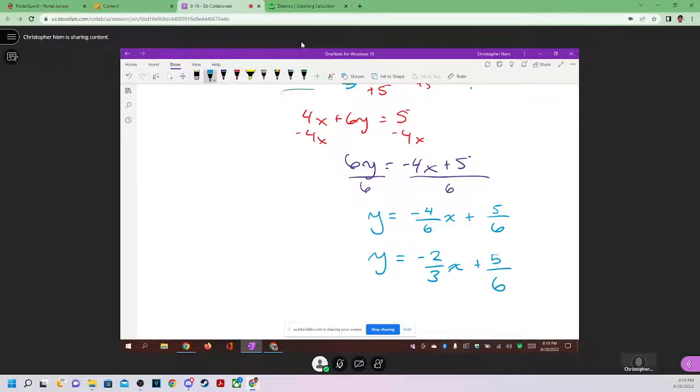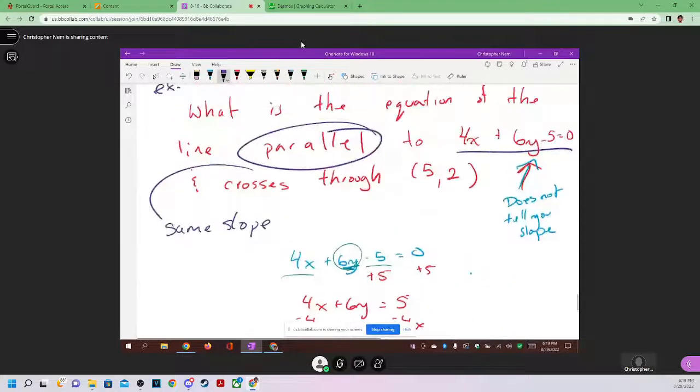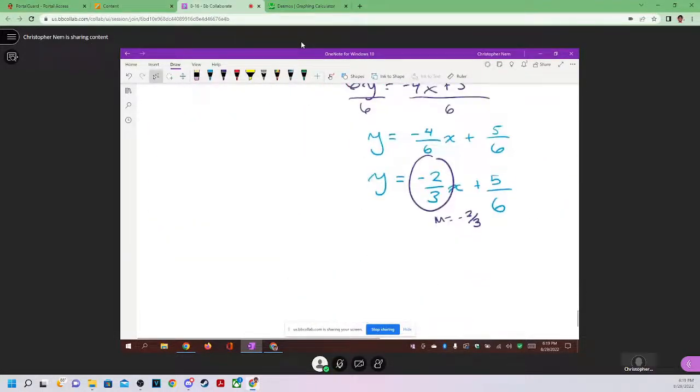All right, great. So the slope here, m, is equal to negative 2/3. Good. Now, if it's parallel, it needs to have the same slope. So I am going to call this m1, and I'm going to call the slope that I need m2. I need m2 in particular to be equal to negative 2/3.